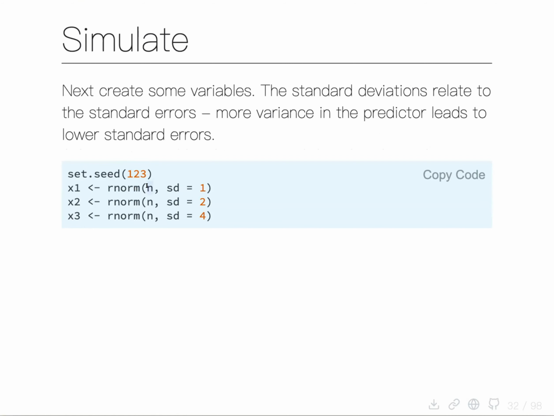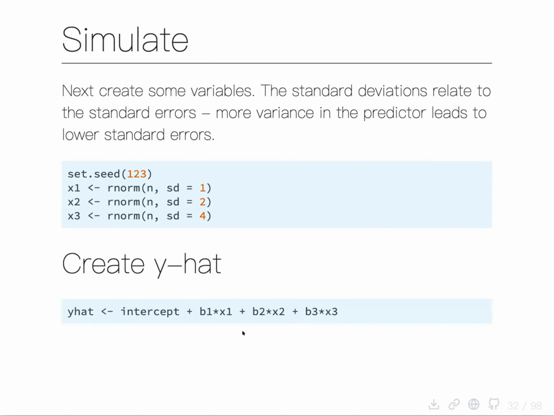So I'm saying simulate n, which is 1,000, observations from a random normal distribution that has a standard deviation of 1. Okay, and then the mean is going to be 0 by default. This one's going to be a standard deviation of 2, and this one's going to be a standard deviation of 4. The standard deviation here will relate to the standard error. If we have more variance in our predictor, then we're going to have lower standard errors because we'll be able to estimate it better.